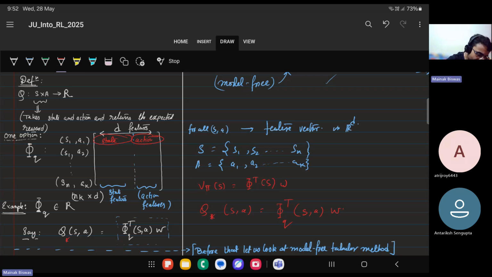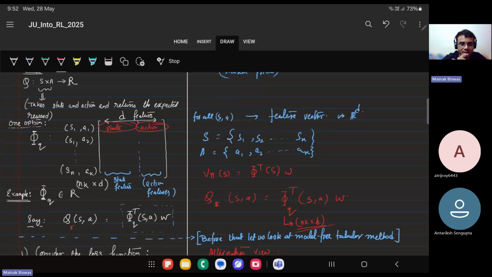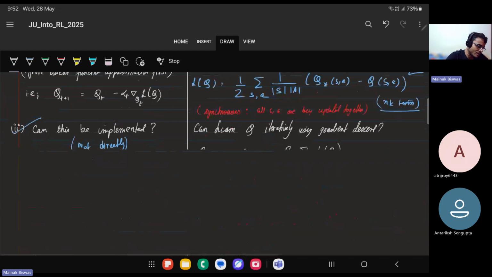Phi is an nk cross d dimensional matrix, because you have n states and k actions, so you will have nk rows and d features. Okay, can I go ahead now? Yes. Okay, so we have understood this.